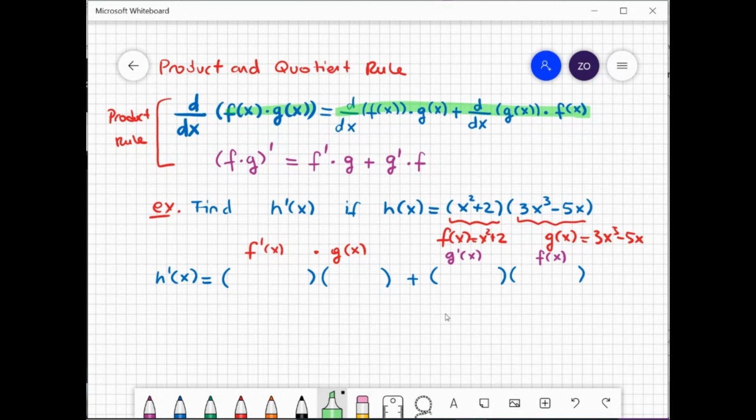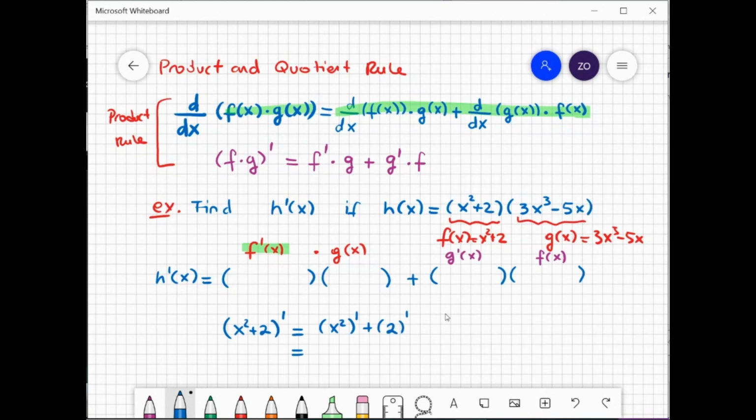Okay, so what should we put for f prime of x? So the first function is x squared plus 2. What is the derivative of x squared plus 2? We can just take the derivative of x squared and take the derivative of 2 and add them, right?